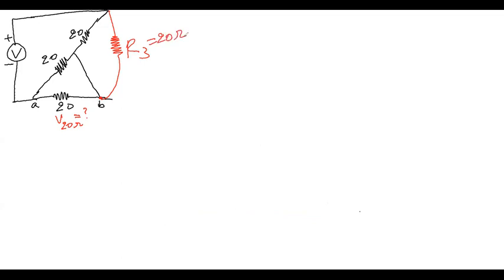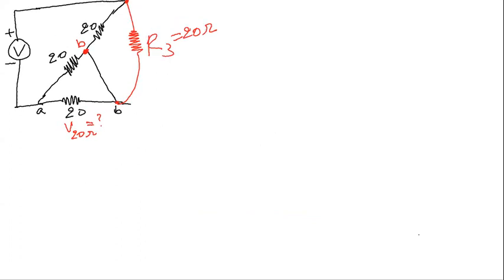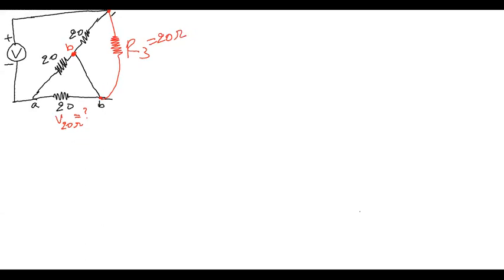Now it's easy to visualize. Now you see that this is a short circuit. It's a wire. So if this is point B, this is also point B. That's just a short circuit. There's no voltage drop. It's just a wire, the resistance is 0. So if one is B, then the other one is also B. And let's say this top point is X. So if I redraw this circuit, it is just exactly like this.